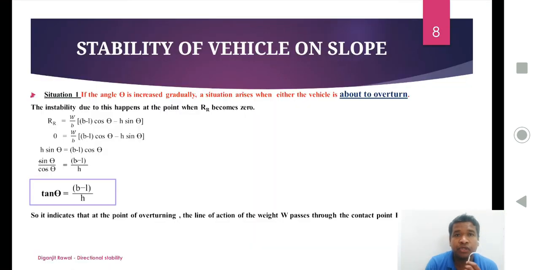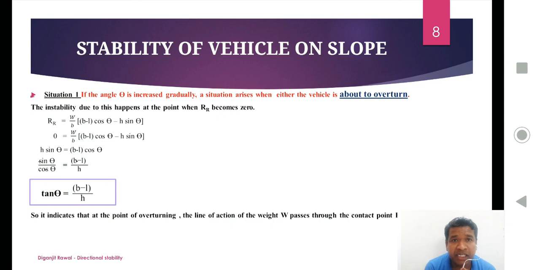Next, there are two situations for the slope. The first situation is if the angle theta is increased gradually, a situation arises when the vehicle is about to overturn. So this is situation 1 for the vehicle on the slope.